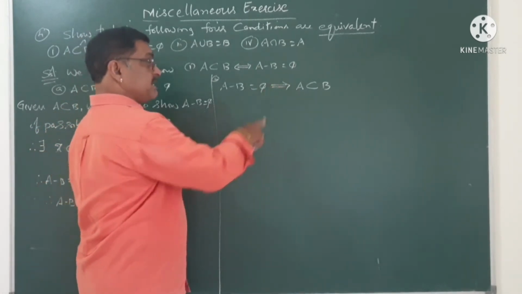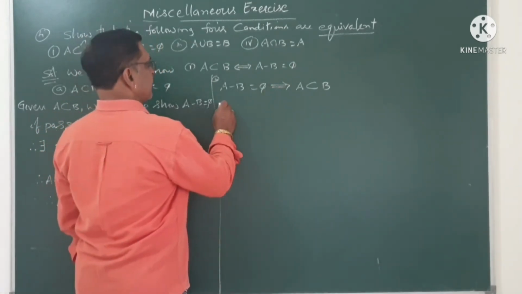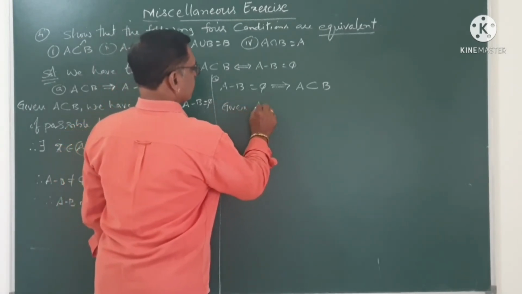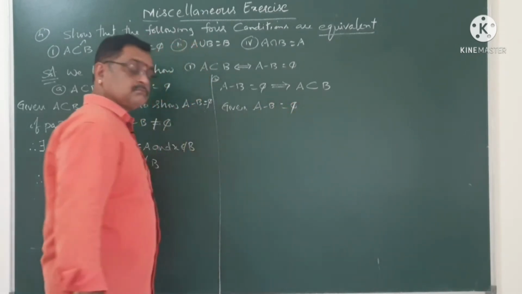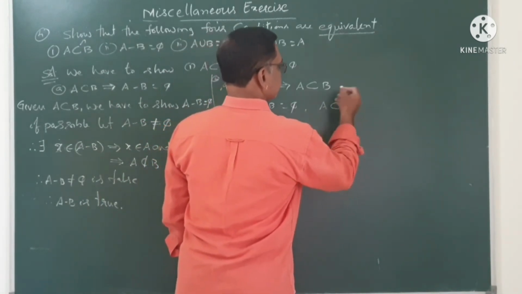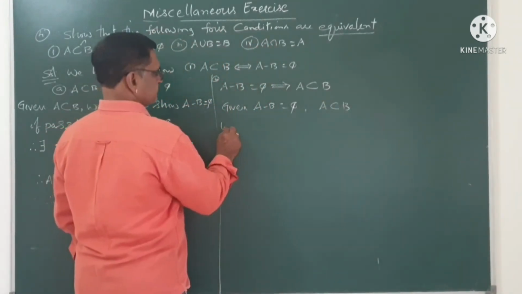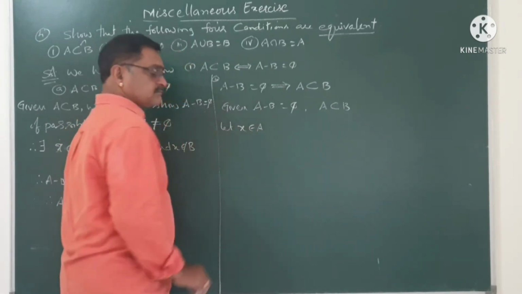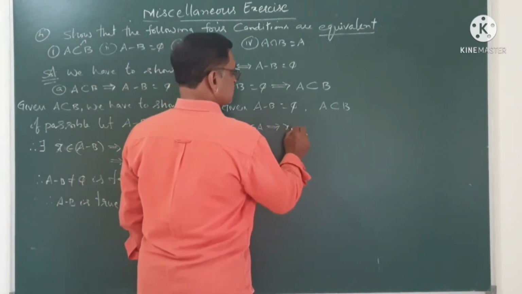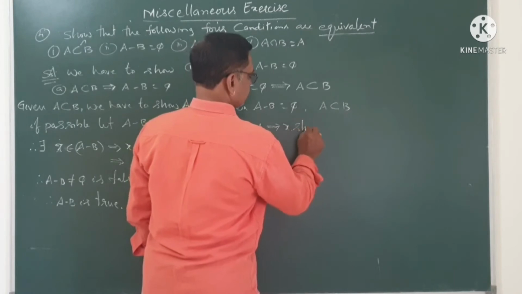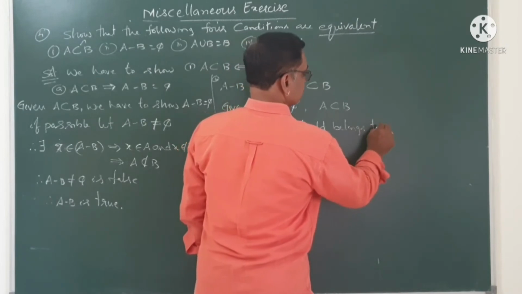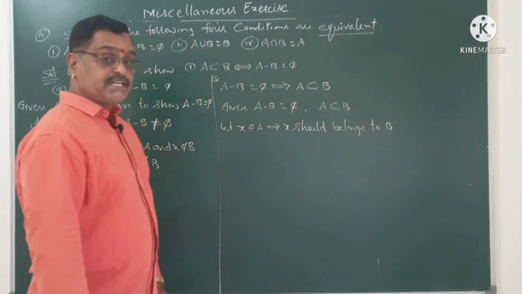Now you have to show that A is subset of B. Given A minus B is equal to phi, we have to show A is subset of B. Let x belongs to A. This implies x should belong to B. Why this condition so?